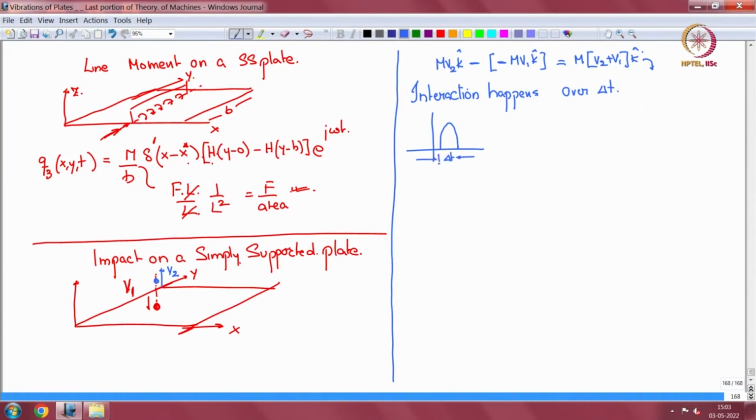Then I have minus m, and this v2 plus v1, I will call it v bar. Then h of t minus t1 minus h of t minus t1 plus delta. That is the momentum change, that is equal to the force into delta t.